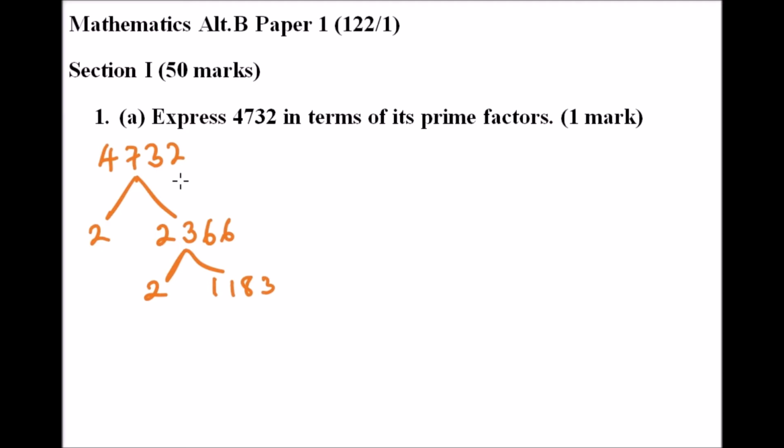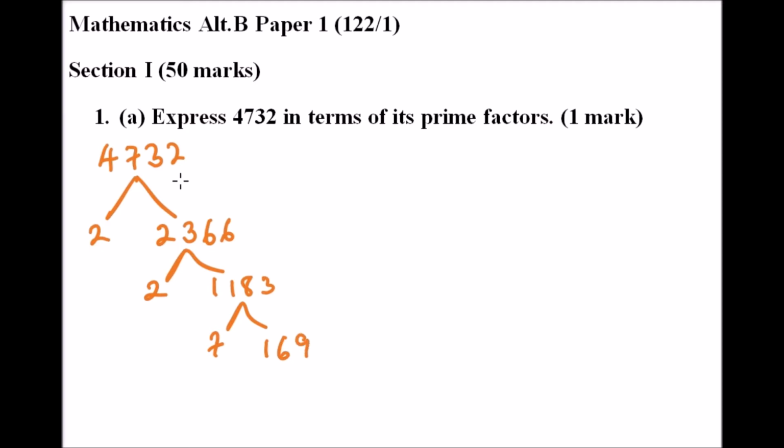This is 1 remainder 4, 42. We have 6, so it is divisible by 7. So by 7 it will give us 169.